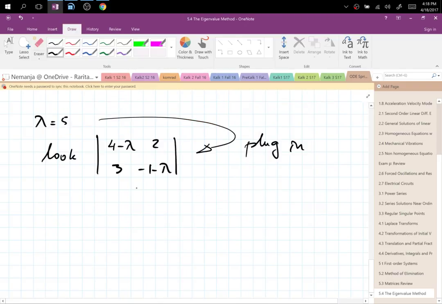What you get is the matrix which has negative 1, 2, 3, and then negative 6. I hope you see that these rows are multiples of each other. If you multiply the top row by negative 3, you get the bottom row.